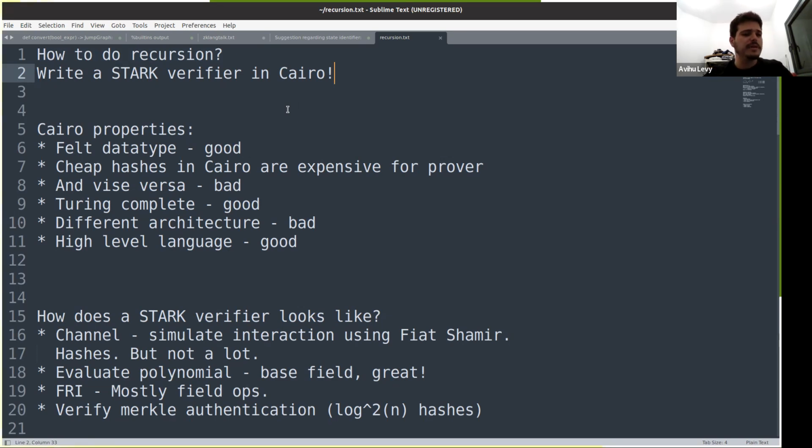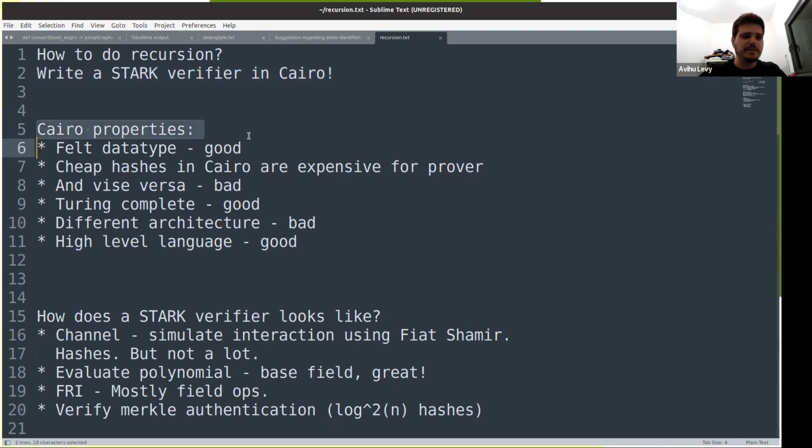One of the major requirements for everything we do is efficiency. Cairo is designed for efficiency. It uses only 50 less variables per step. We use very efficient provers. So we want to be as efficient as possible, and we chose to write it in Cairo.